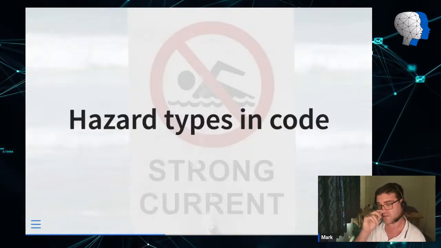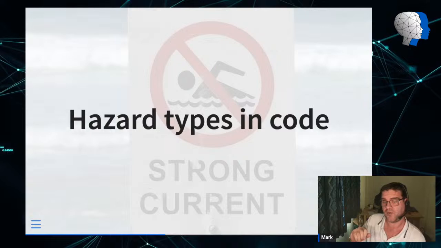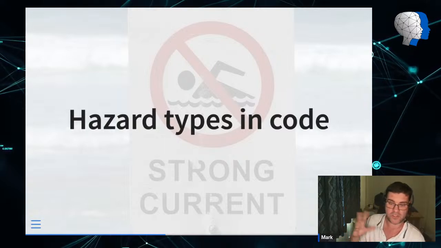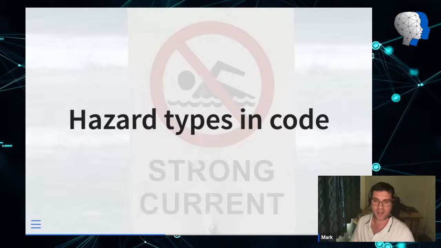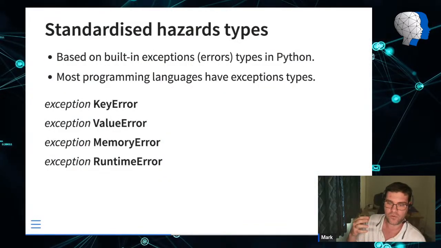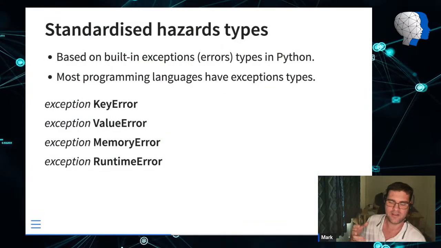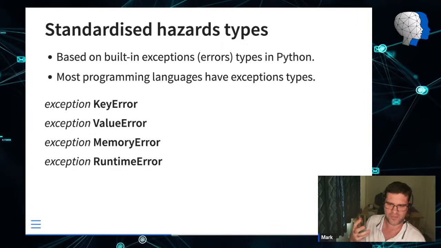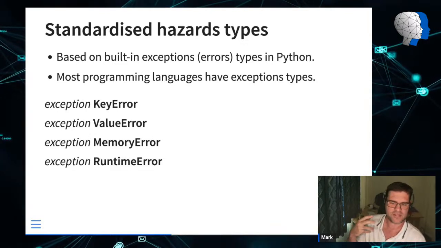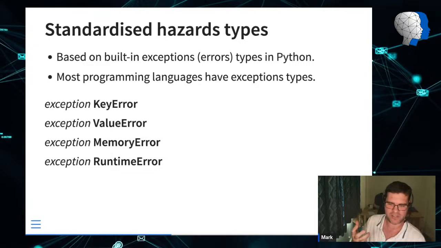Now, this is something else that I've discussed on Discourse, which some people may have read about and interacted with. But when you have a hazard, I feel like there are types of hazards. And that got me thinking about, well, there are types of errors or exceptions in code.